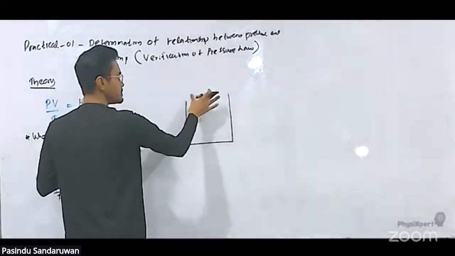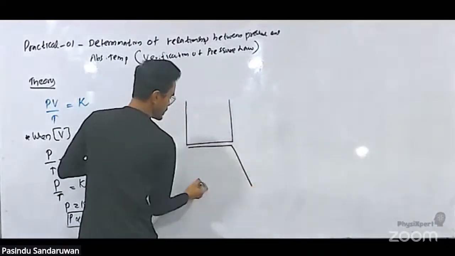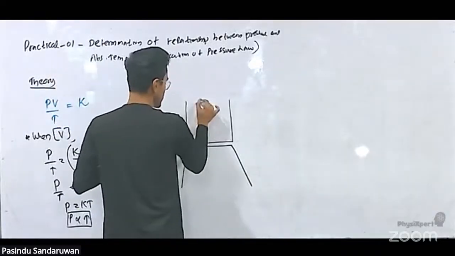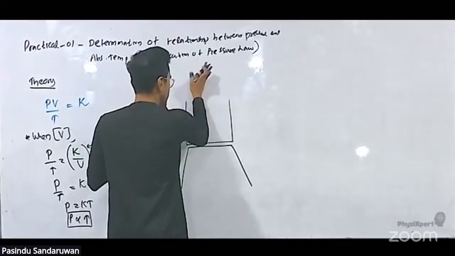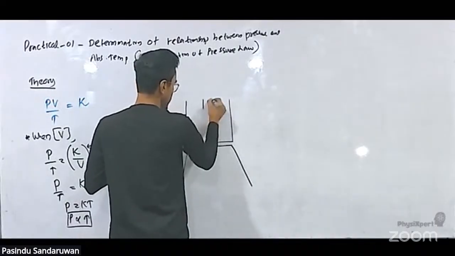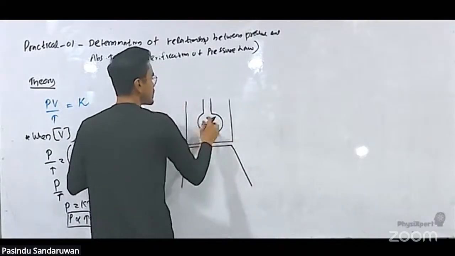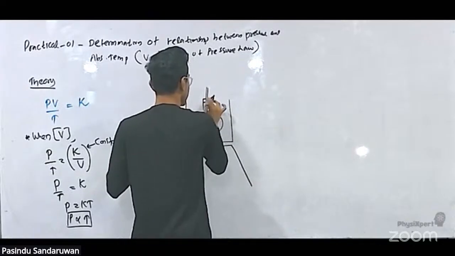Listen, this is a beaker filled with water. This is kept on a tripod or a stand. And this is called a round bottom flask. There's a reason for it to be round bottom. And this is a capillary tube.